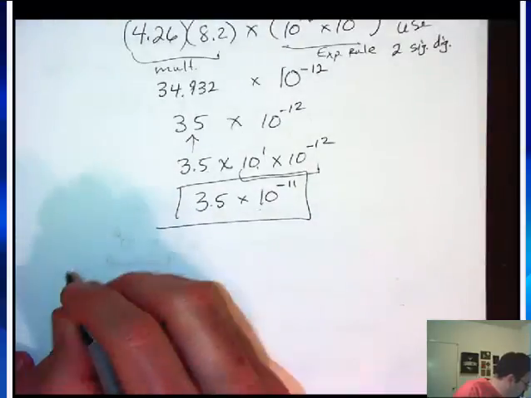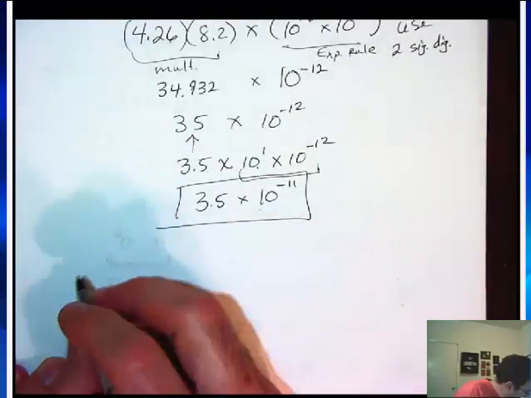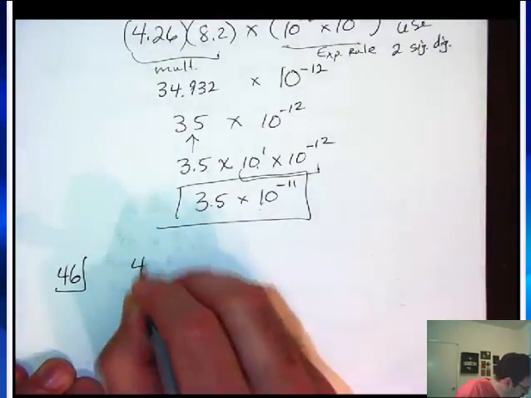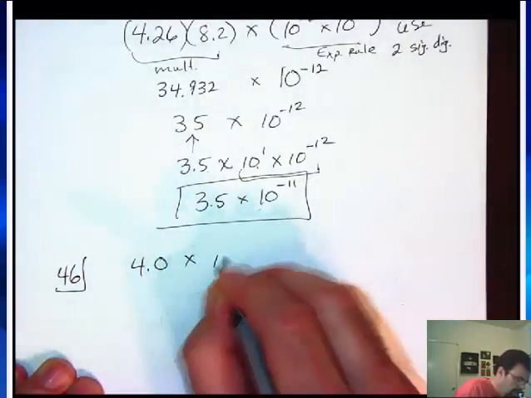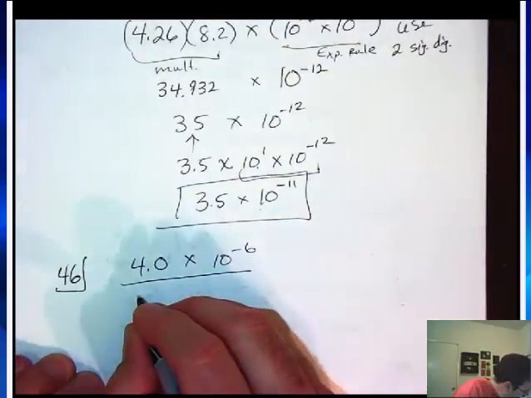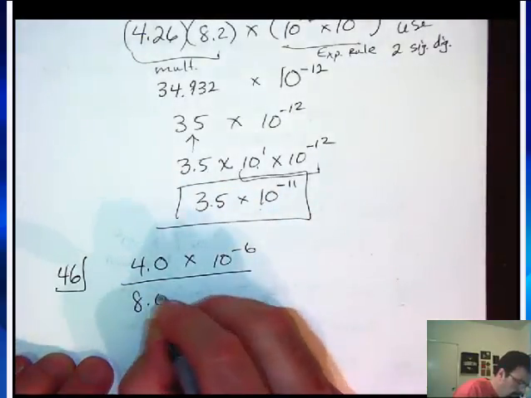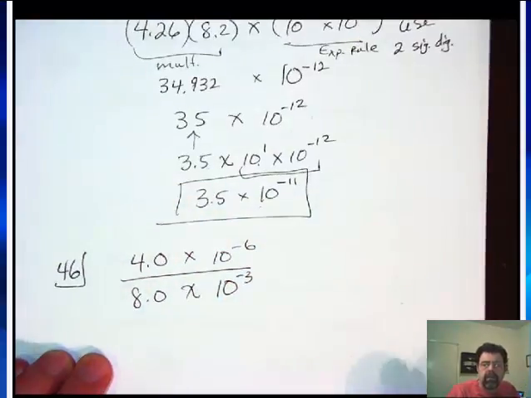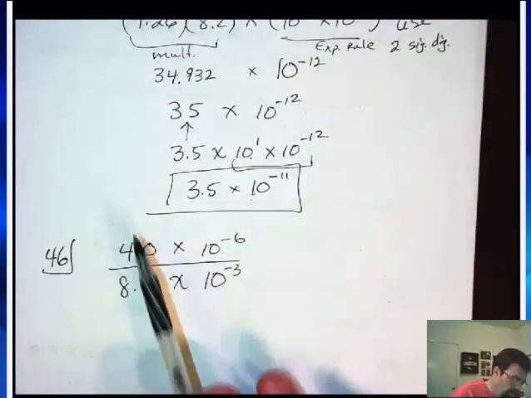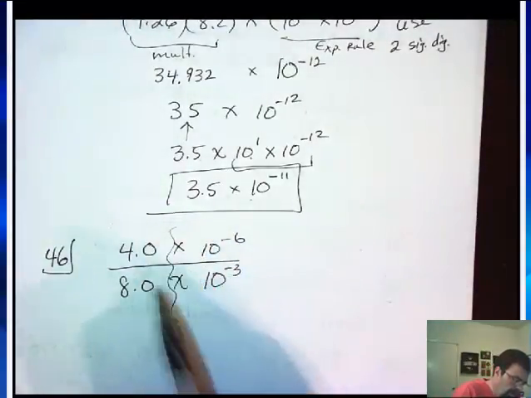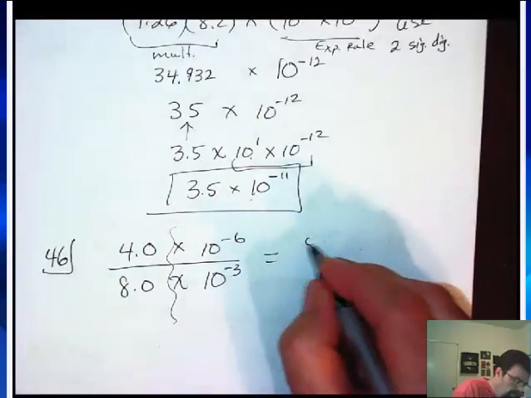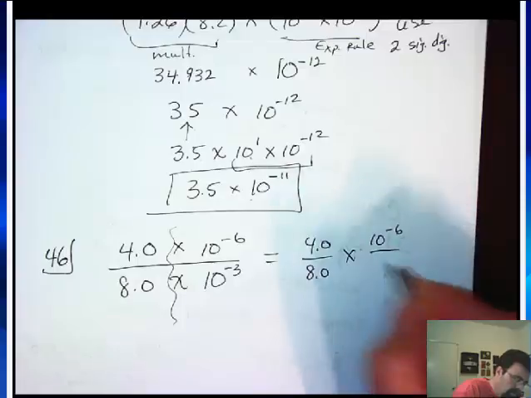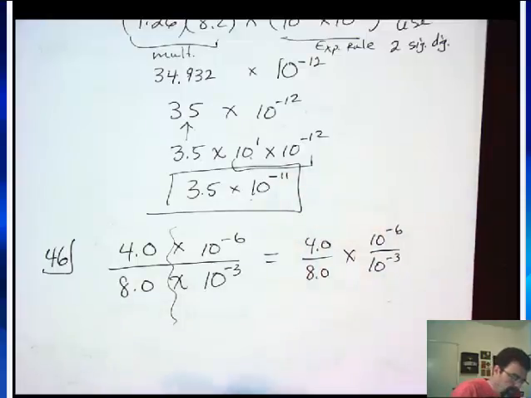Let's do one more. Well, let's do a dividing one. So how about 4.0 times 10 to the negative 6 divided by 8.0 times 10 to the negative 3. And for this one, same thing. I can kind of split it up, and I can just do the division here, and then use my exponent rules on the powers of 10.